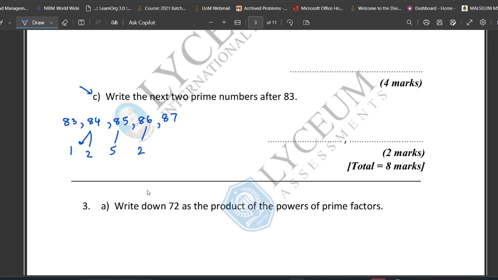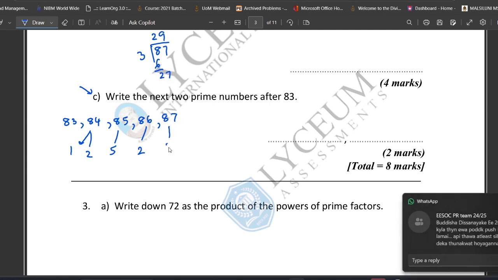87. We can't divide it by 2. We can't divide by 3. Yeah, we can divide by 3. Divide by 3, 9.